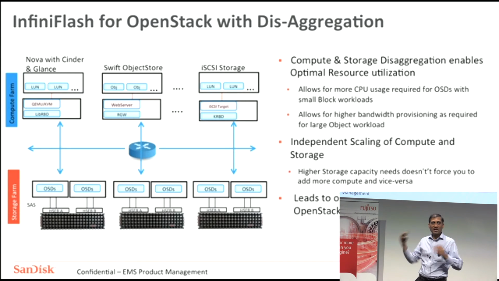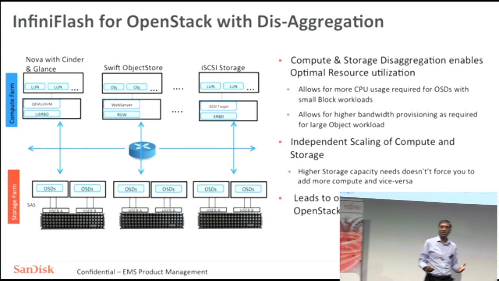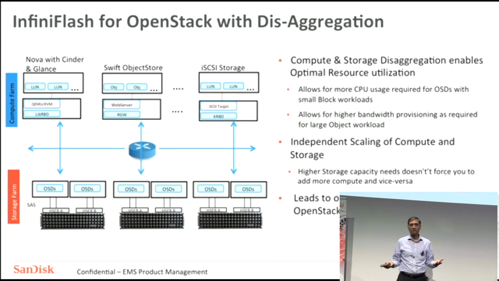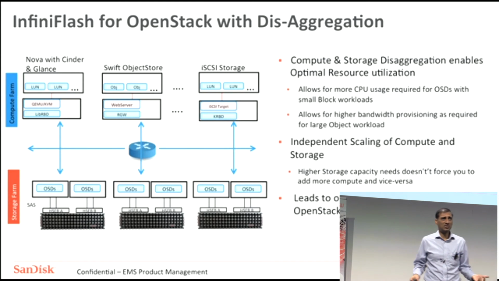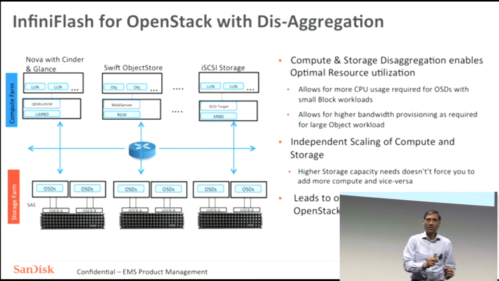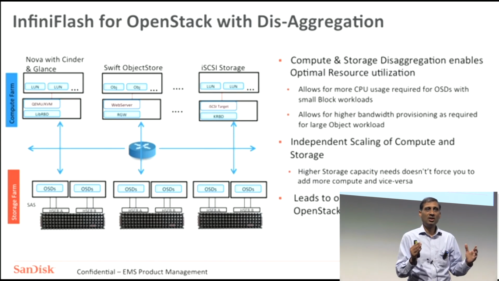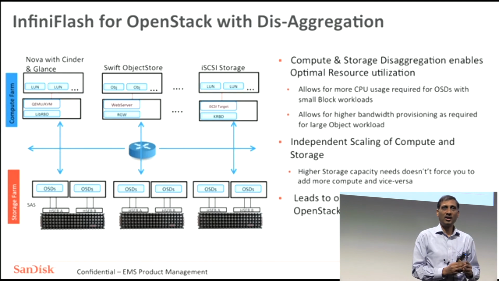And vice versa, if you're using it for large objects, like 64K or 1 meg objects, you don't need much CPU. So you can actually downgrade to single socket servers and probably use even a single OSD node, but connect that to a 40 gig network, right? So within the same cluster, it is now possible to tune your system to the right amount for the workload that you're running.